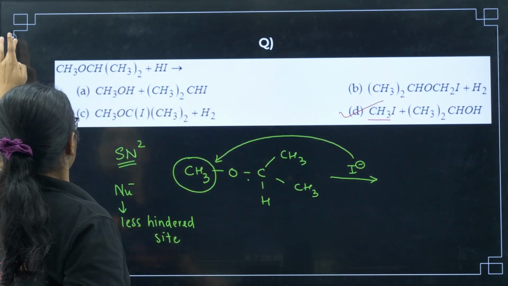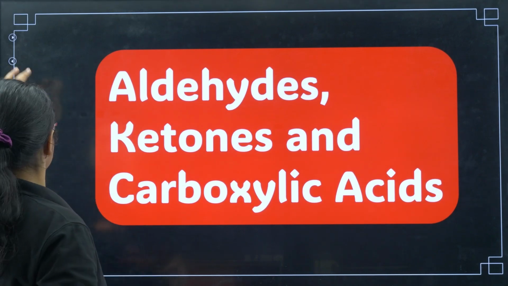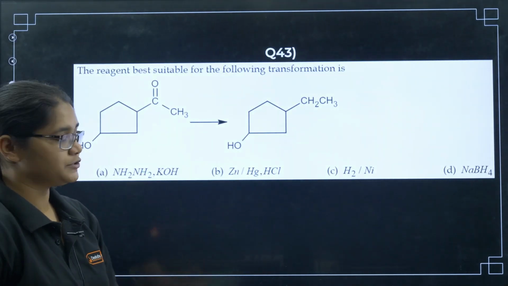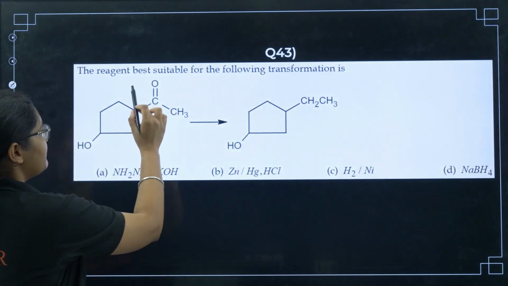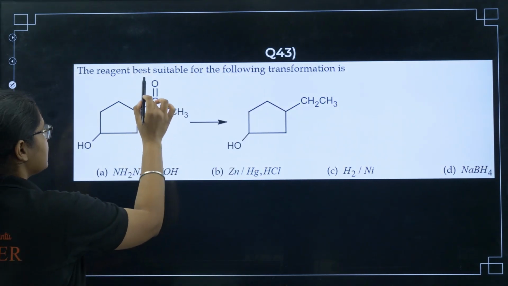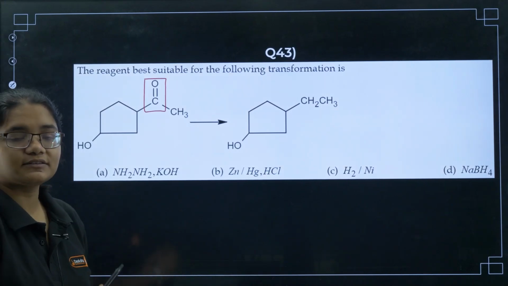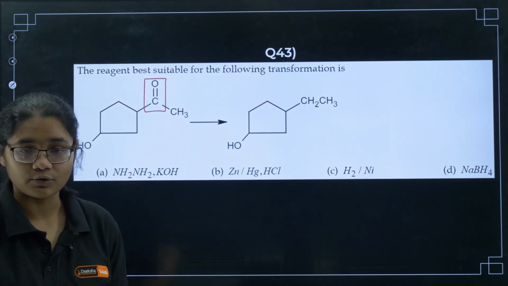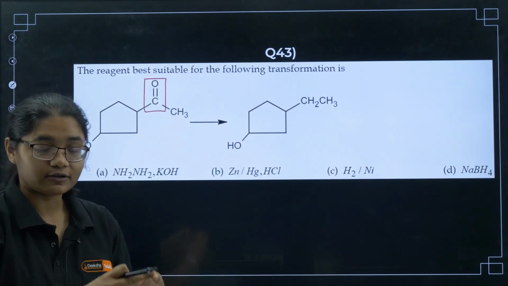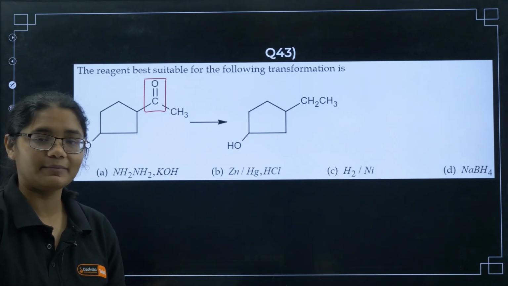Okay. Next, we'll move towards the aldehydes, ketones and carboxylic acid chapters. The first question here is very important. The best suitable reagent for the following transformation. So you can see here, this CO group is reduced to CH2. So that is reduction of aldehydes and ketones to hydrocarbons, and that is done by Wolff-Kishner reduction and Clemmensen reduction.